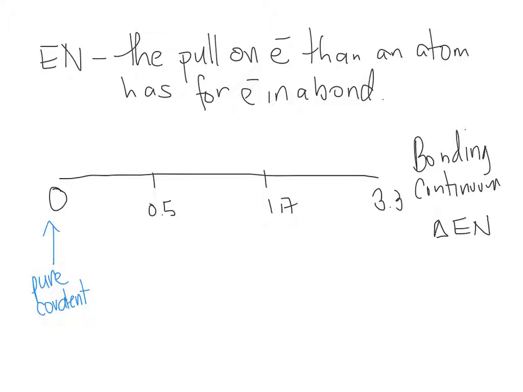If you fall between 0.5 and 1.7, you are a polar covalent bond. Polar covalent bond and shape will determine whether or not a molecule is actually polar or not.